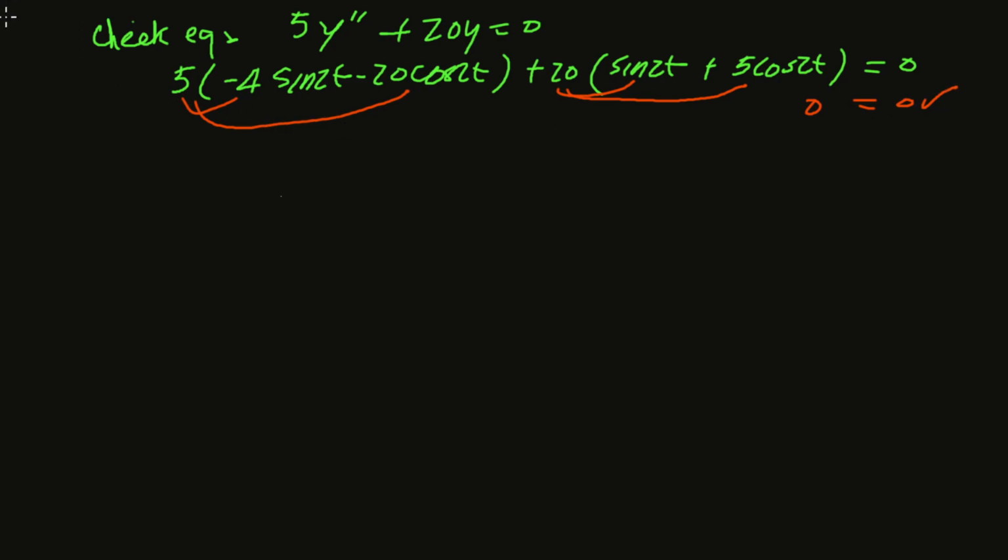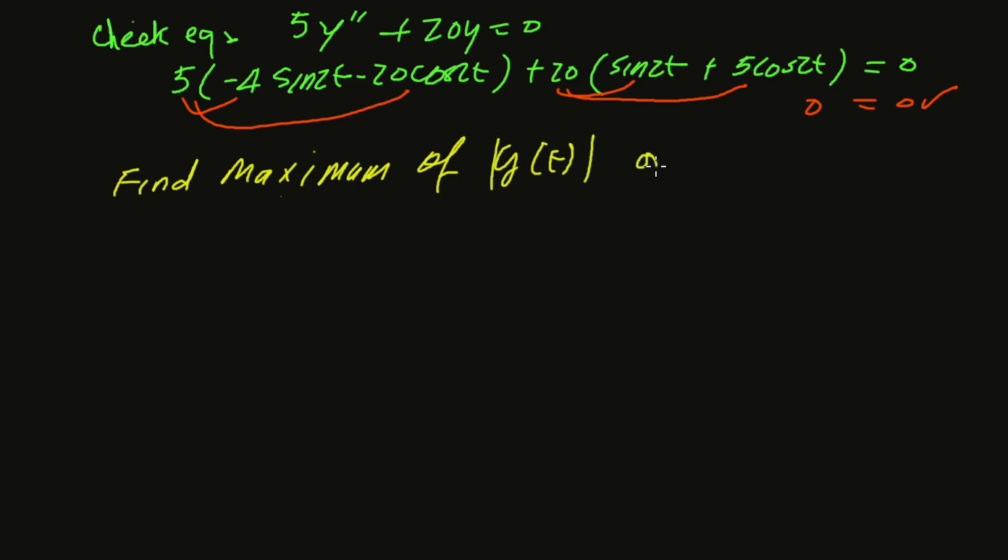Okay, so that's done. Now let's look into the request that says find a maximum of this function, or to abbreviate, y, with the absolute value, because this thing oscillates.